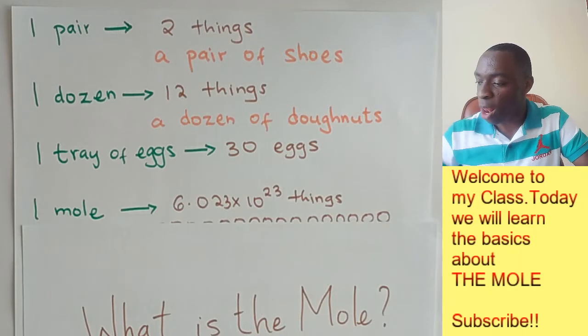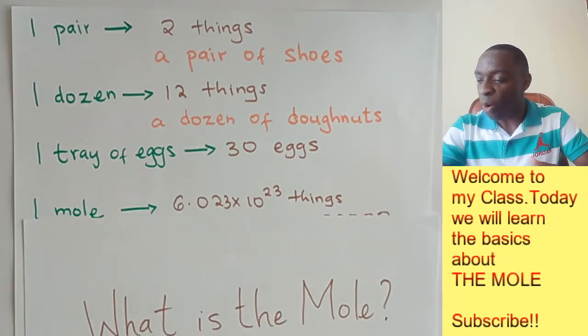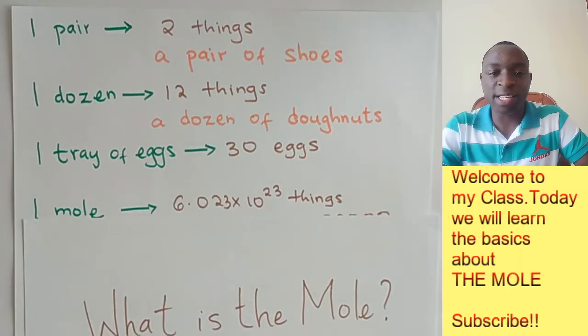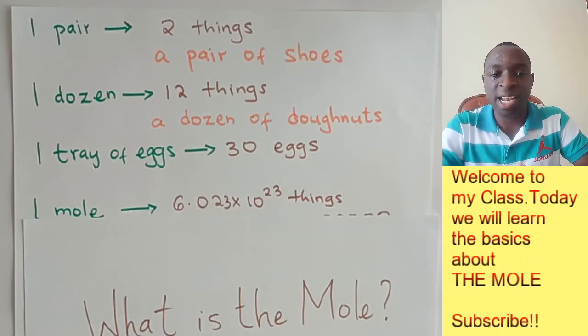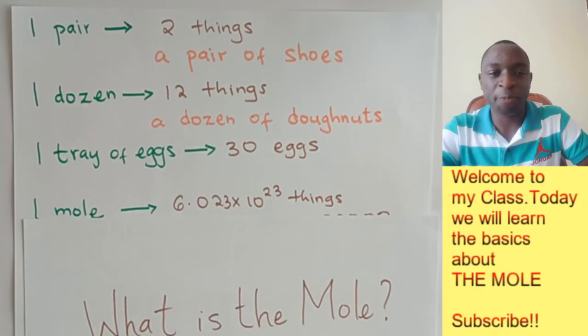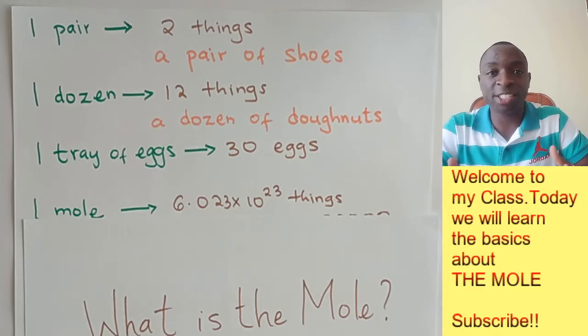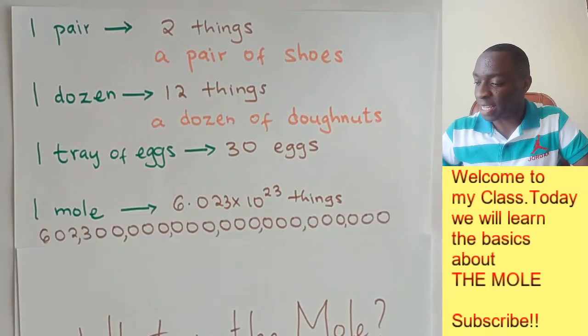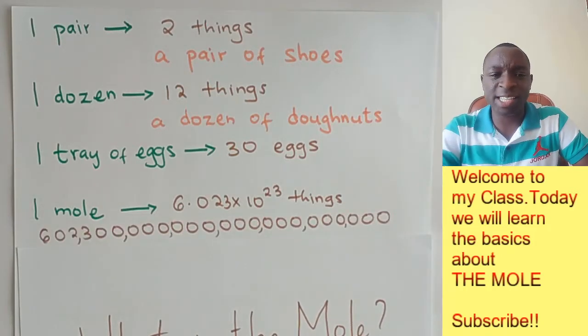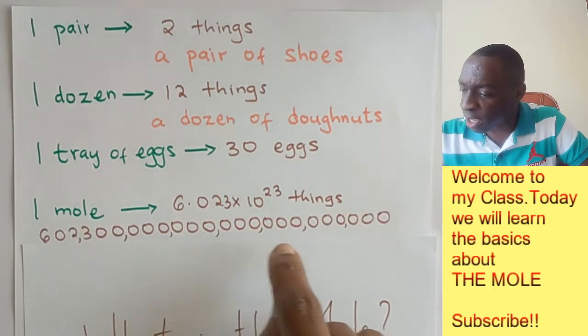A mole. Now, you see, one mole of something means that you have 6.023 times 10 to the power 23 things. Now, this is a scientific way of writing a very large number. Now, this large number is this one here. As you can see, there are so many zeros here.